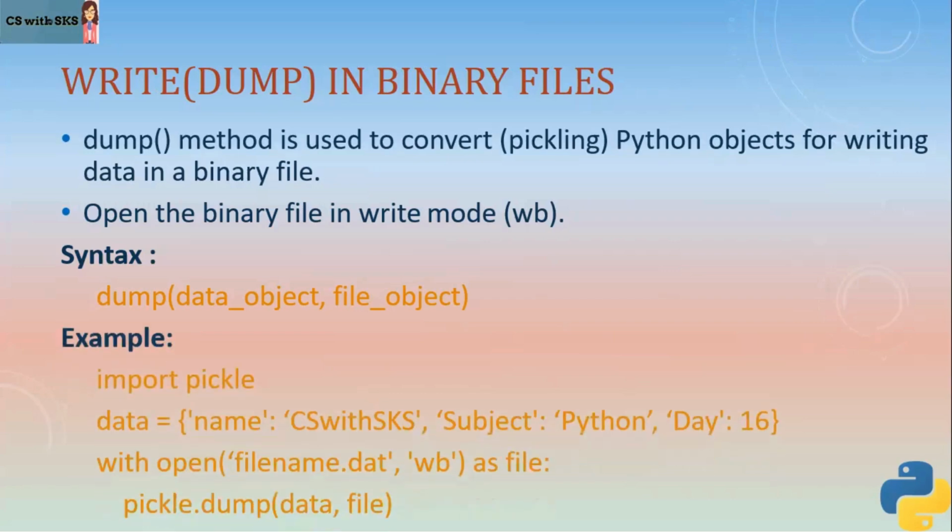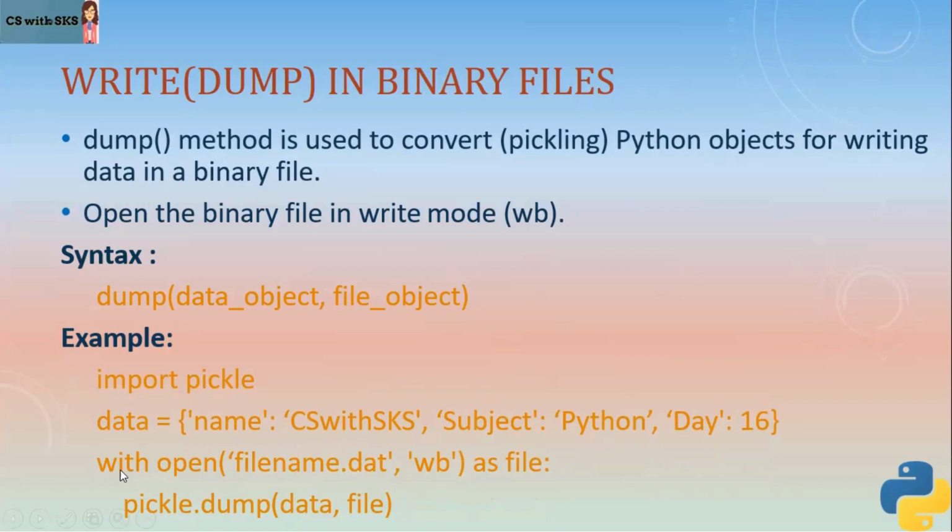So for example, first line is going to be import pickle. You have to import the module. Then you are having your data. You can have a dictionary. I have right now, it is a dictionary right here. You can have a list or anything else. And then you open the file either using directly open file method or using with clause.